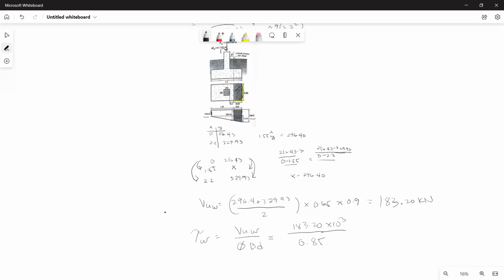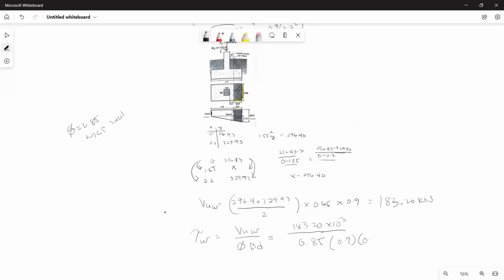Yung phi natin is 0.85, because we are using the NSCP 2001 load combination. And your B is 0.9 and your D is 0.3.